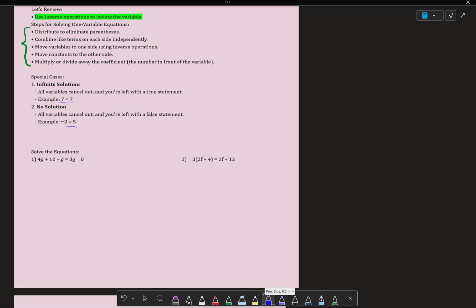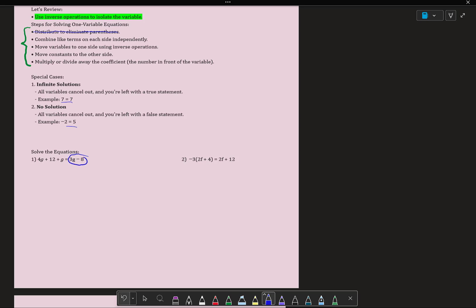So example 1, solve the equation 4g plus 12 plus g equals 3g minus 8. So let's follow these steps. We do not have to worry about the first step because there are no parentheses. The next step says combine like terms on each side independently. So if we look at the right side, you have 3g minus 8.